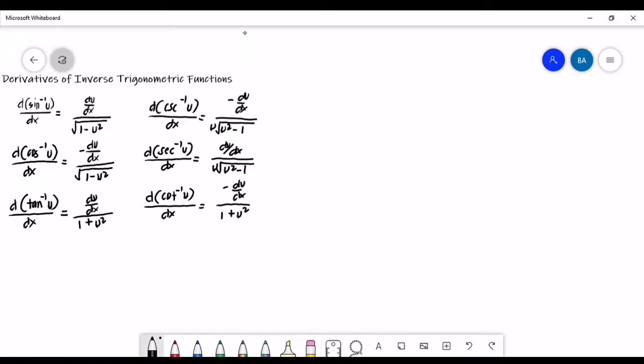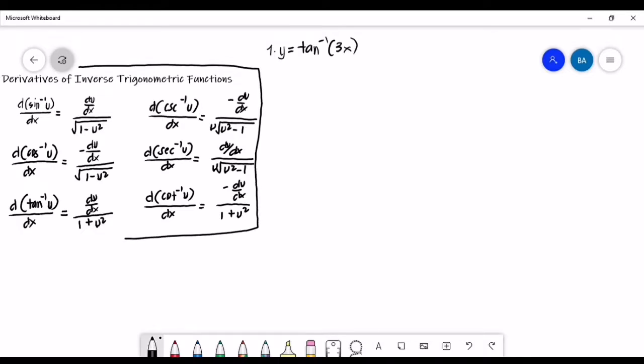So our first example, y is equal to the arctangent of 3x, or tangent raised to negative 1 of 3x.